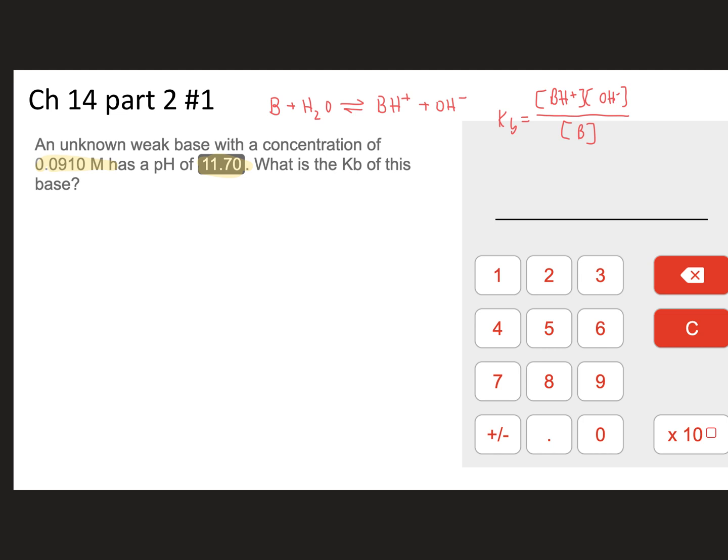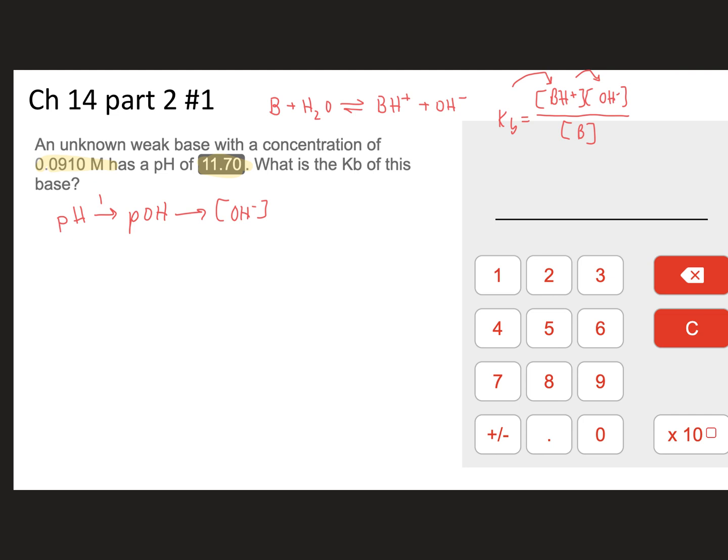They give us pH. So we have to do one step first before we can use those values to start to find some of these values in our Kb expression. So again, we start with pH, but we know we can turn pH into pOH, and then we can turn pOH into hydroxide. Once I know hydroxide, then I can start working with my Kb expression.